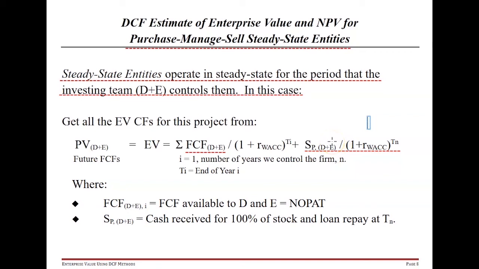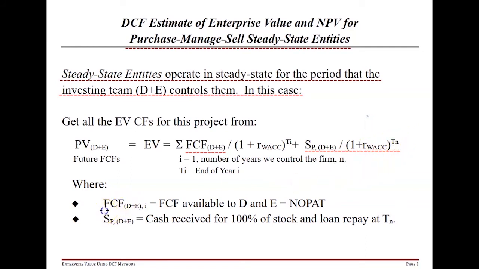From selling 100% of the shares and from calling in all the outstanding loans, probably just one loan, right? And getting the principal repayment from that. And then we have to discount that back, of course, to T equal 0 by using the 1 plus weighted cost of capital term raised to the number of years until we think we're going to exit.